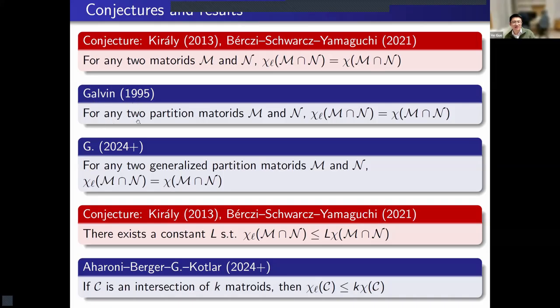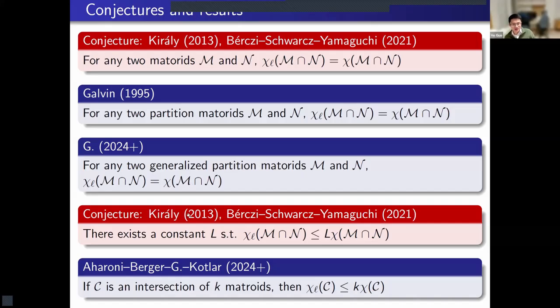It proves that for any two partition matroids M and N on the same ground set, the least chromatic number of their intersection is equal to the chromatic number. Again, using the correspondence, it says that the least edge chromatic number of a bipartite graph is equal to the edge chromatic number of the bipartite graph. So that is Gowen's result. And we extended it to the case of not just two partition matroids, but two generalized partition matroids.